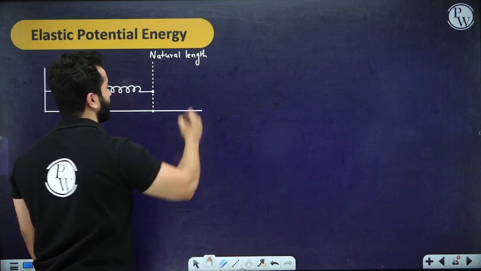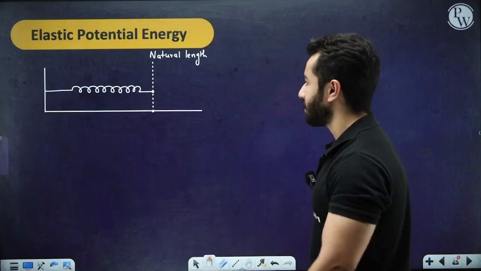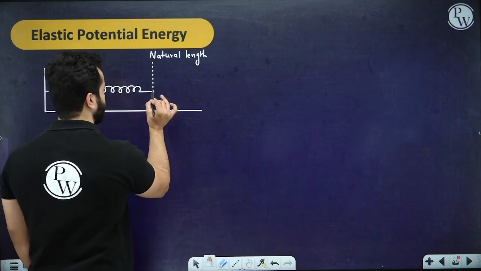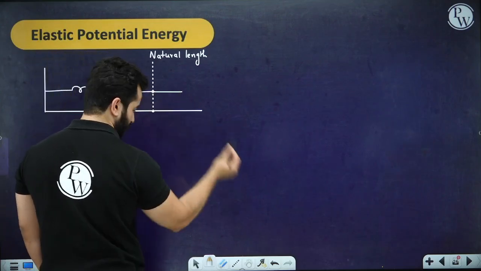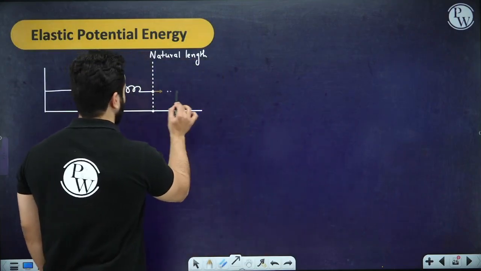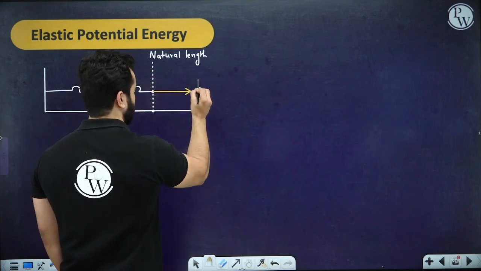That means the spring is neither compressed nor elongated, right? Now after this, we have applied an external force in this direction.